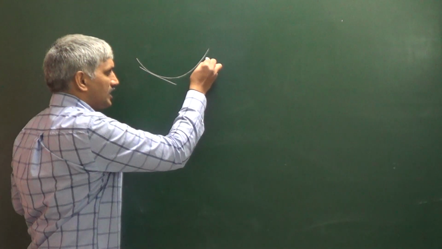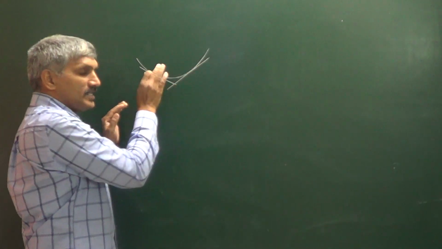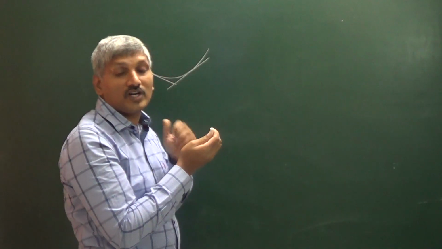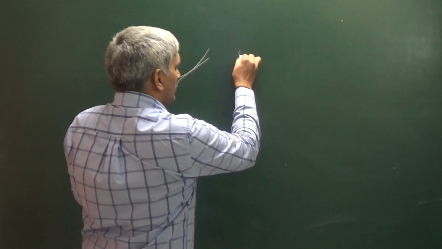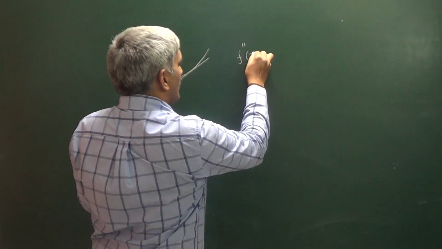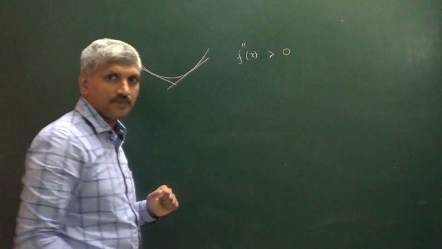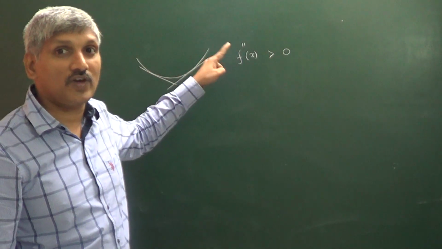Anywhere you can draw a tangent, the tangent completely lies below the curve. So for concavity upward, definitely we have to get f double dash of x greater than 0.